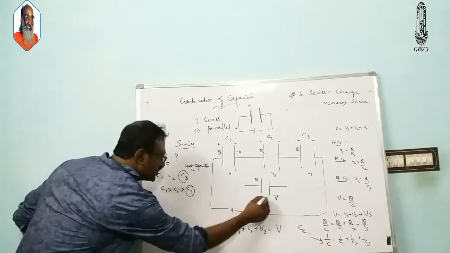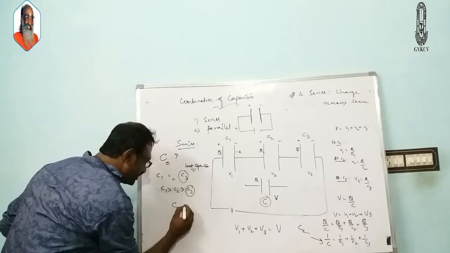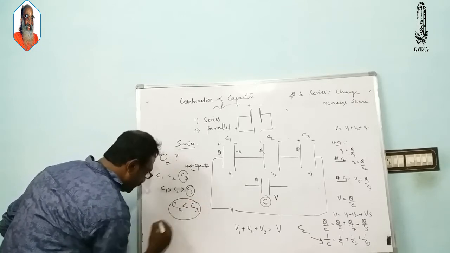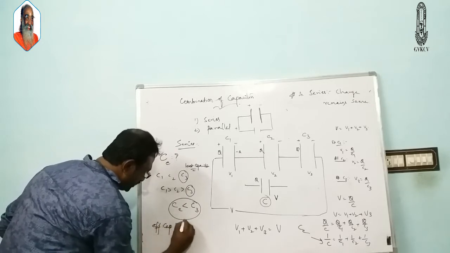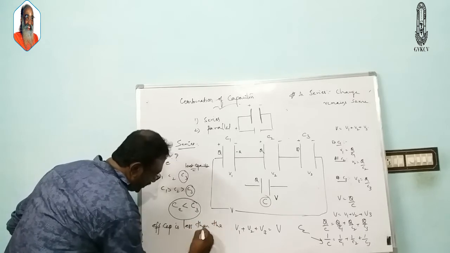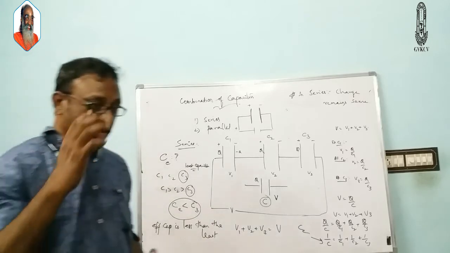We observe this effective capacitance, CE. This effective capacitance will be less than the least. So effective capacitance is less than the least. From this you might have understood one more important thing here.